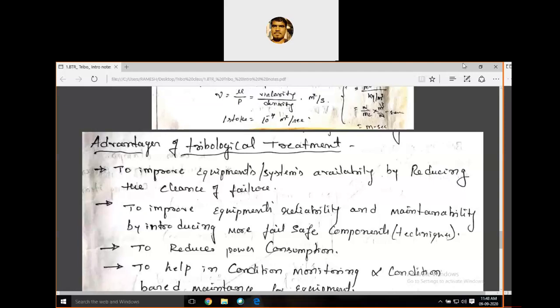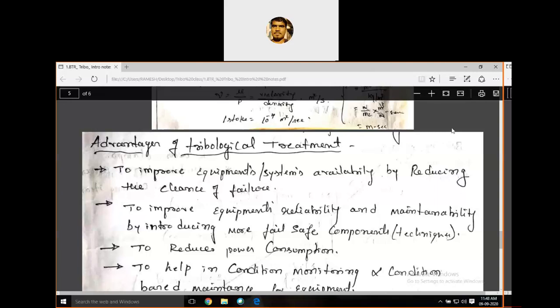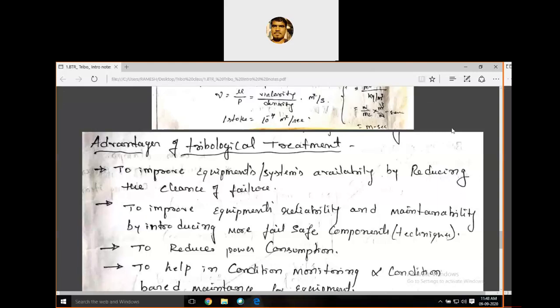The first and foremost advantage is to improve equipment or system availability by reducing the chances of failure.